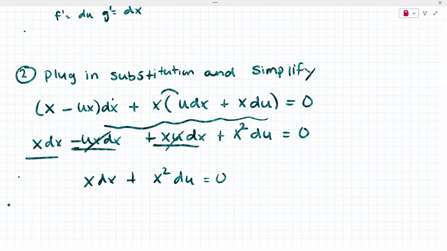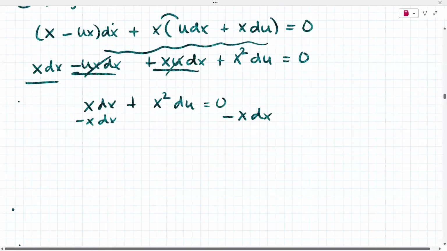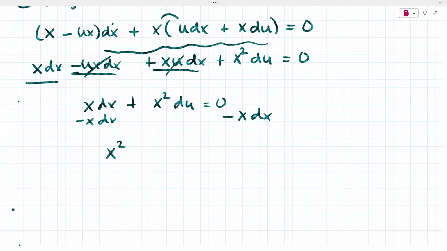And then what I would do next is move the x dx to the right by subtracting x dx. So on the left, you're left with x squared du. And then on the right, you're left with negative x dx.